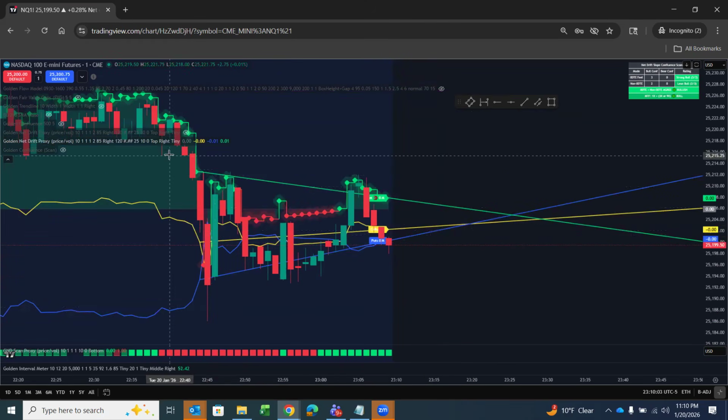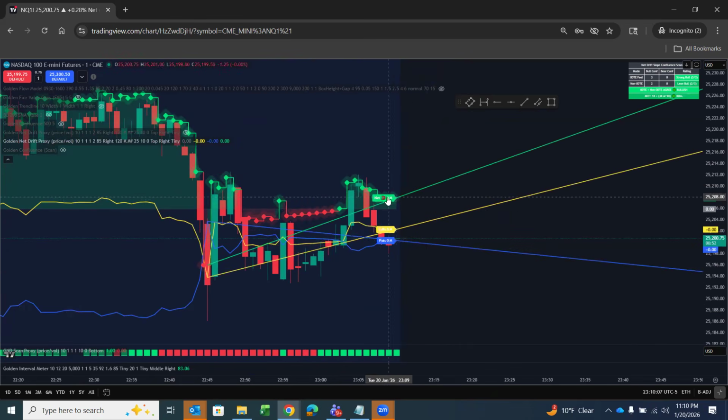This is the Golden Net Drift on a micro basis. So we have bullish gamma up above, and we have resistance in blue here, and we have support at the yellow. When the yellow line is angling up, it means that bulls are currently in control.